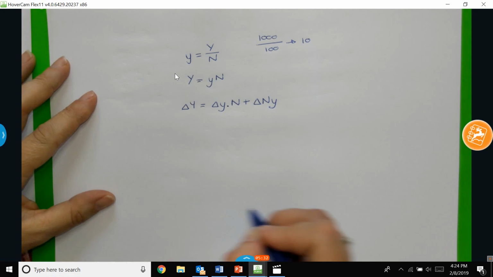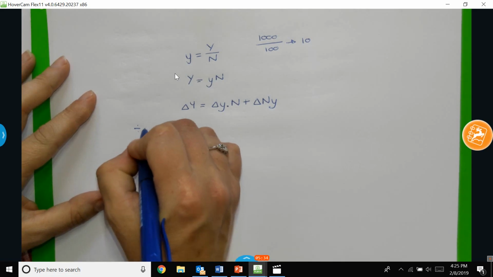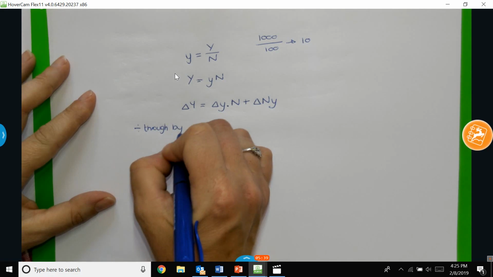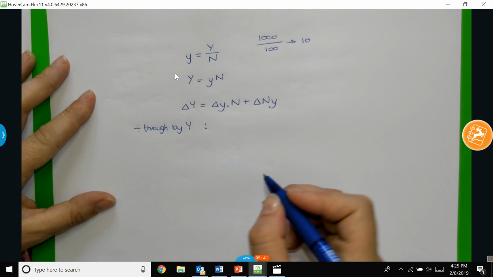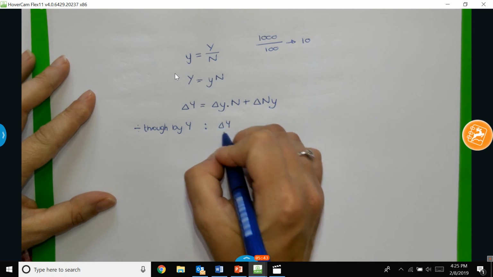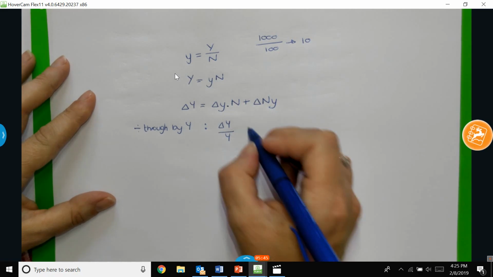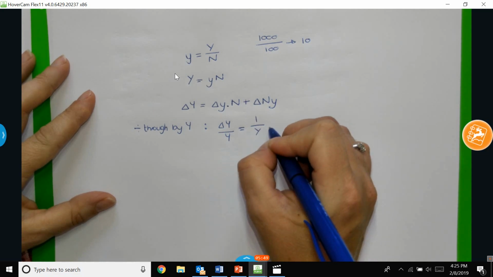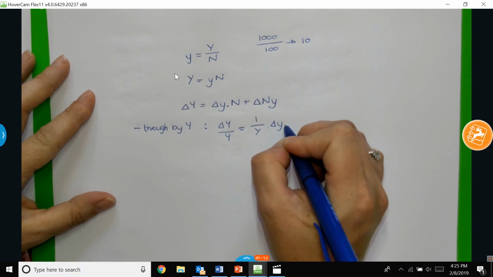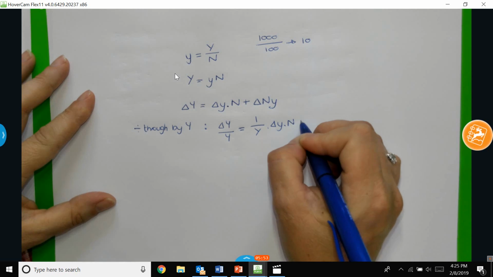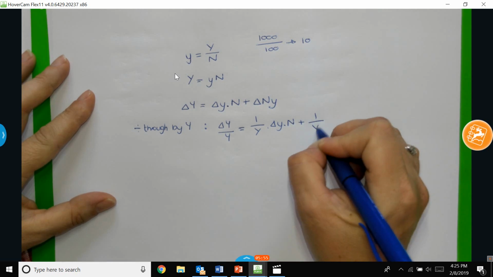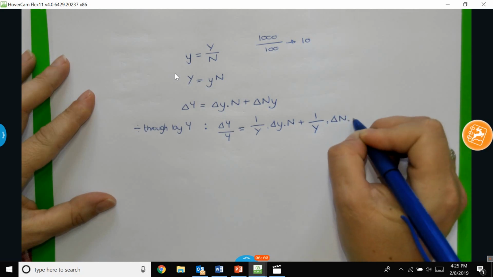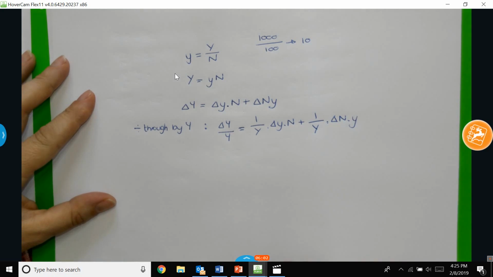If we then divide through by Y, then what we have is the growth rate in output is equal to 1 over Y multiplied by change in y multiplied by N plus 1 over Y multiplied by the change in the population size multiplied by output per person.